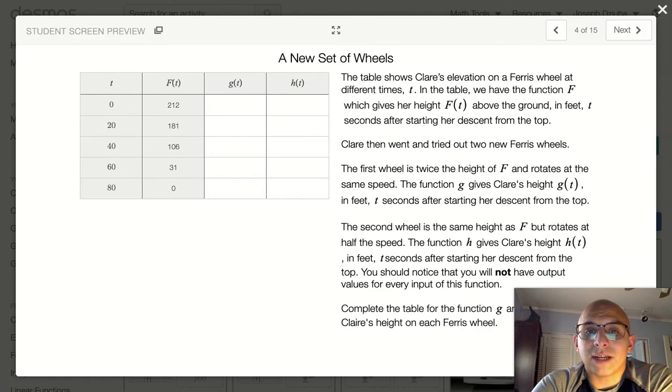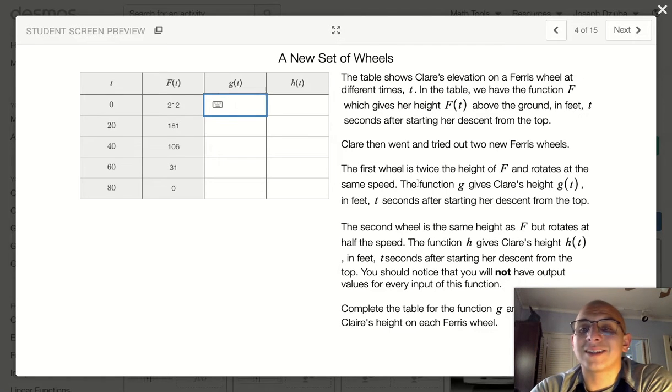So Claire decided after her first go around on a Ferris wheel to try 2 other Ferris wheels. The first one, the wheel is twice the height of f and rotates at the same speed. So this should be very straightforward, and that is function g, right? The first wheel is twice the height.